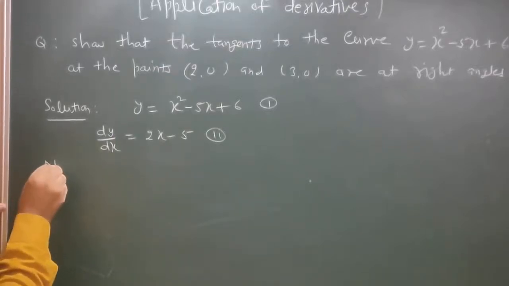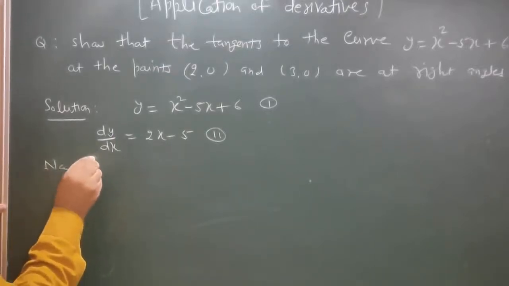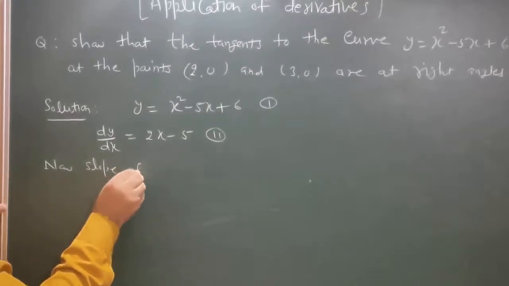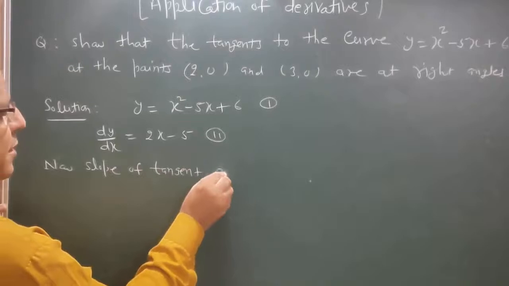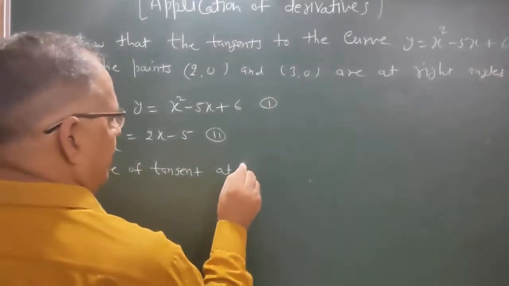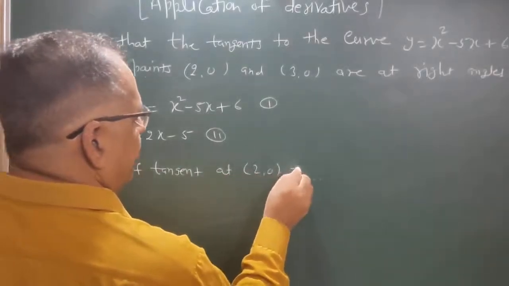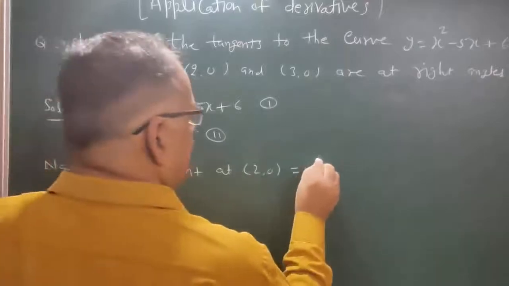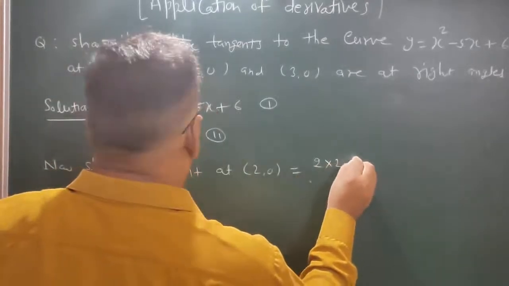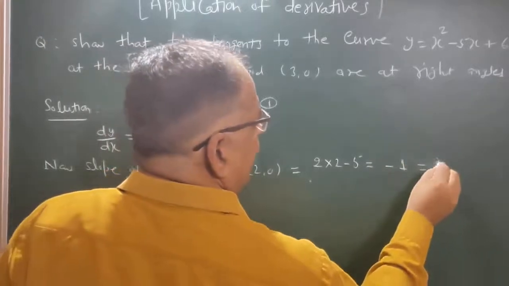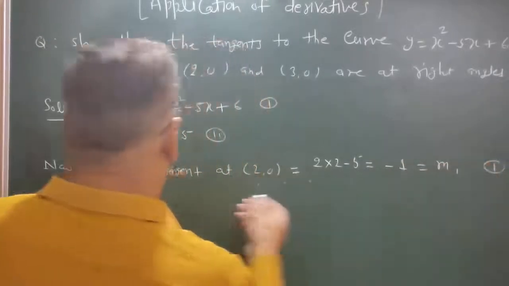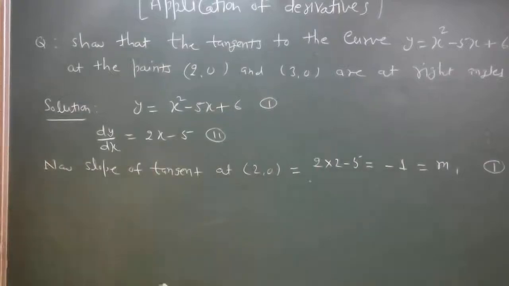Now the slope of tangent at 2, 0 is given by 2 into 2 minus 5 equal to minus 1, renamed as m1 because slope is always denoted by m.